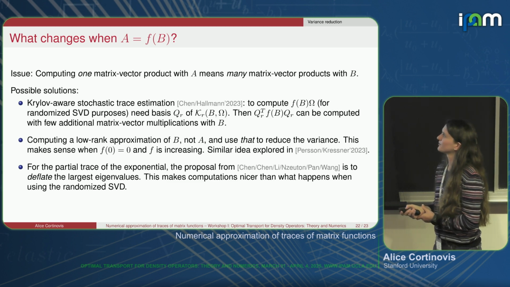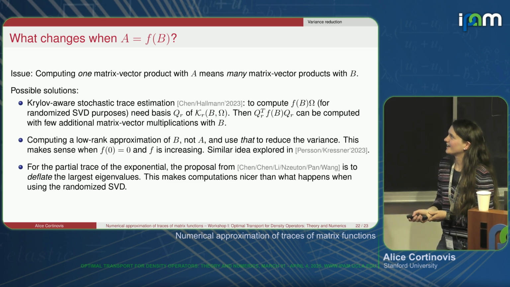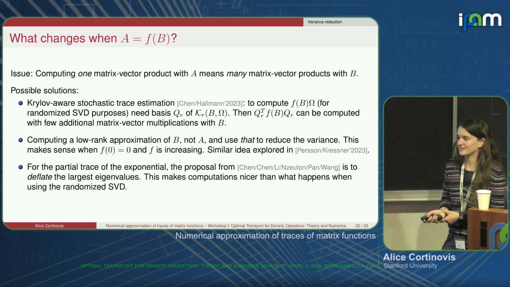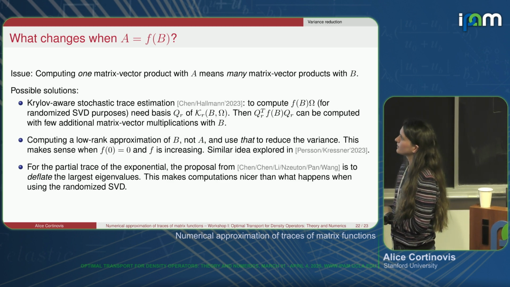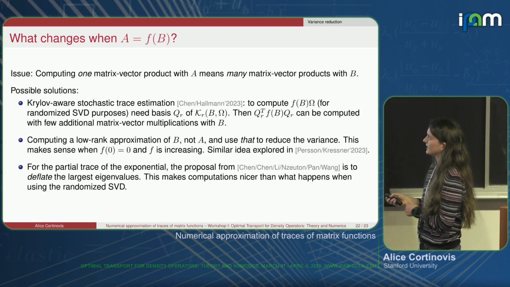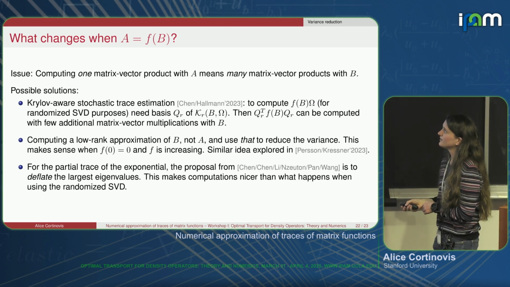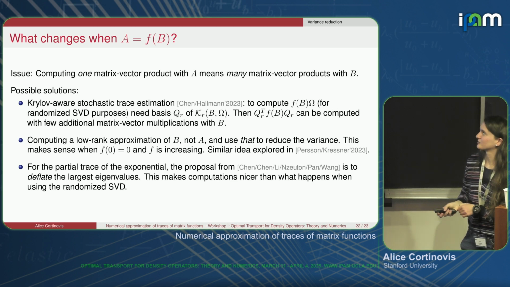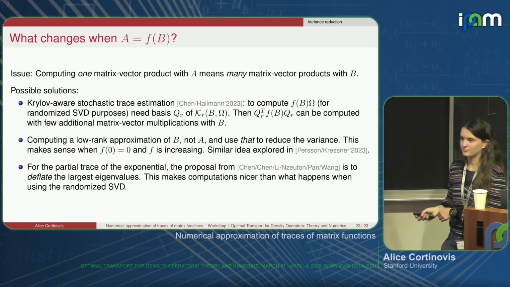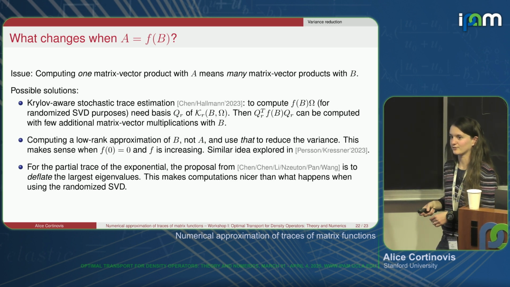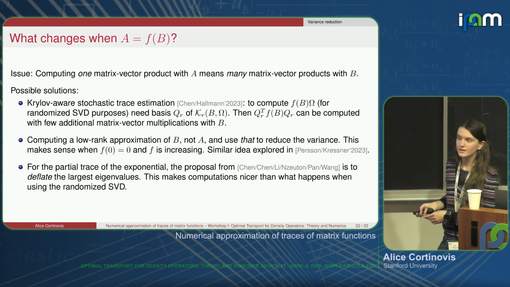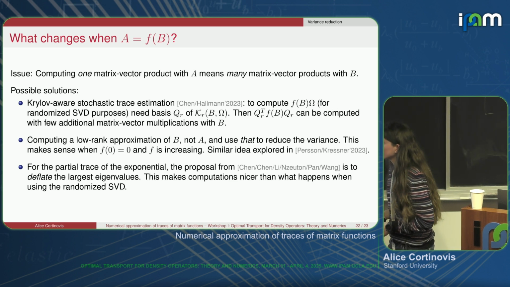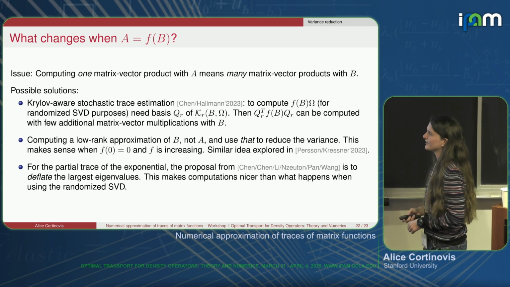Okay, so last thing. Let's not forget that A is actually a matrix function. So what's the problem with that? Computing one matrix vector product with A actually means many vector products with B, if you're using a Krylov subspace method to approximate f of B times a vector. There are possible solutions to that people have looked at.